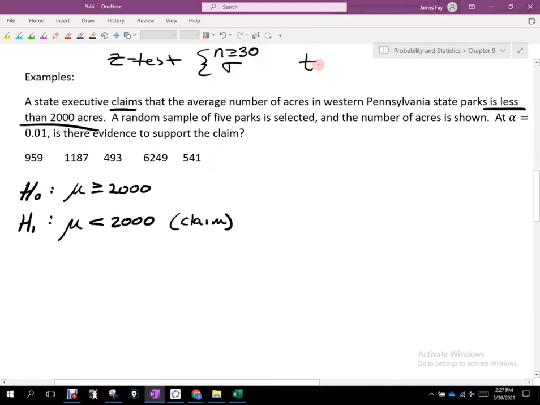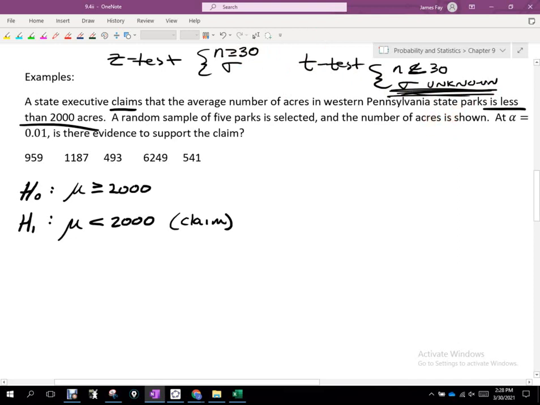A t-test is going to have n less than 30, and sigma unknown. So which situation do we have here? In this situation, do we know sigma? No. So we have to use a t-test here.